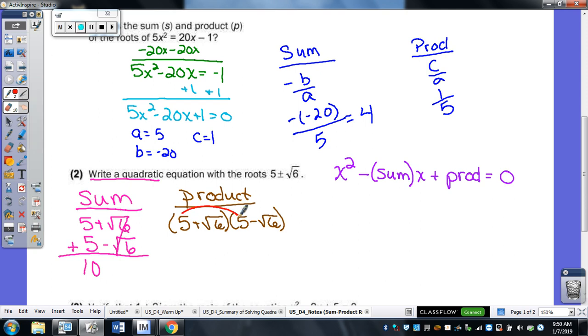All you have to do is multiply the first two. So that gives me a 25. Multiply the last two. So that gives me minus the square root of 36. But what's the square root of 36? 6. So what's 25 minus 6? 19. So our product is 19.